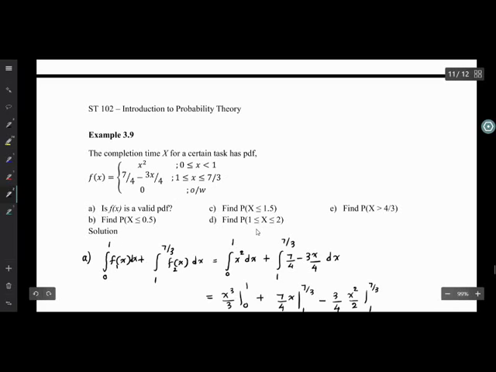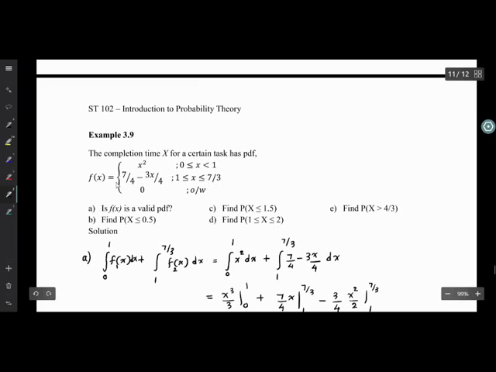Part D, you have to find the probability from 1 to 2. Okay. So 1 is there, 2 is also within that interval.